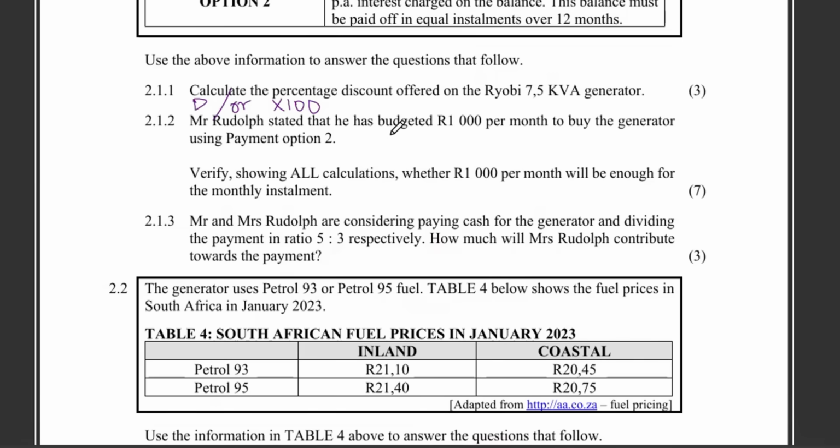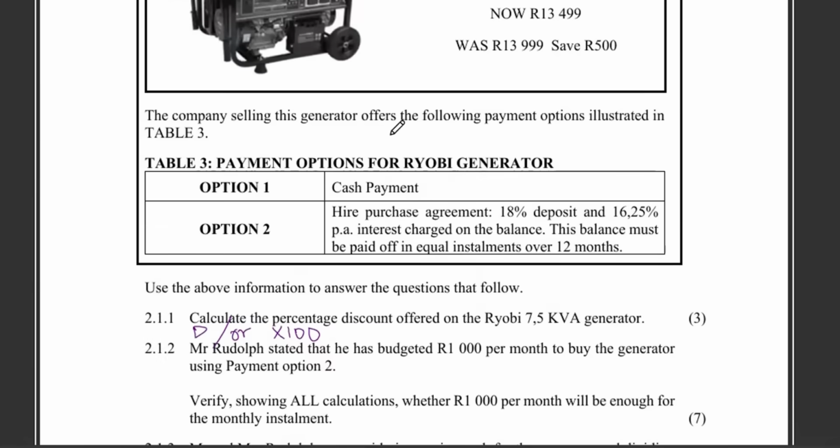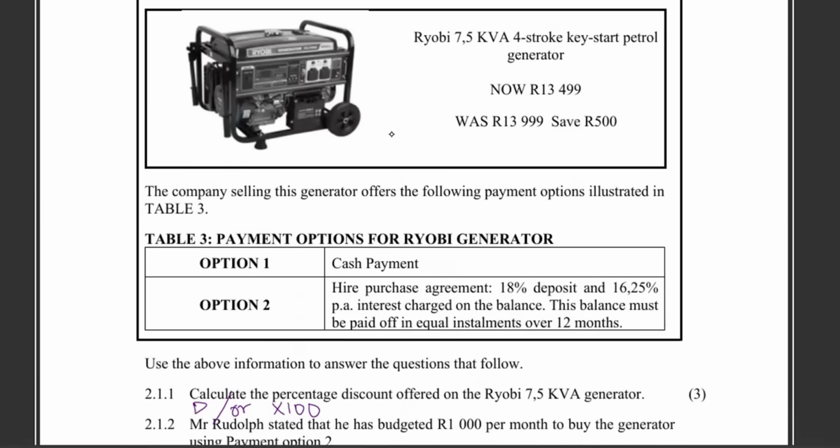The discount is 500, so we're going to get the 500 divided by the original amount, then you multiply by 100.